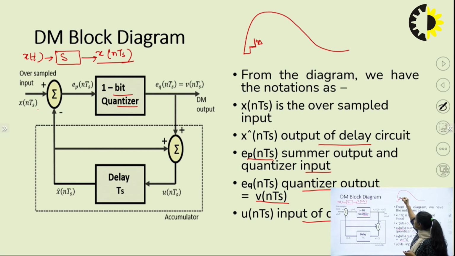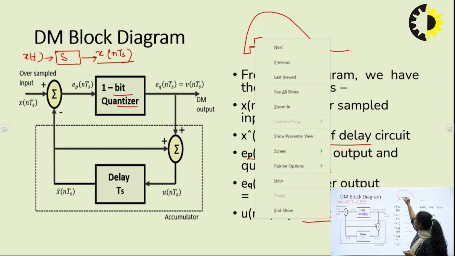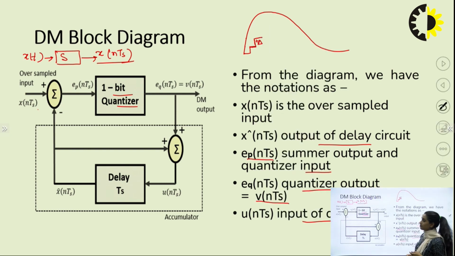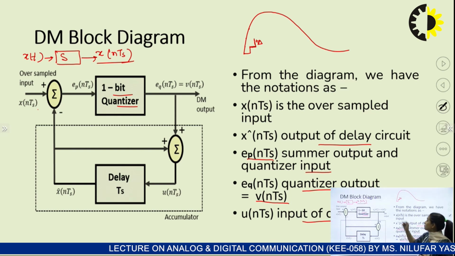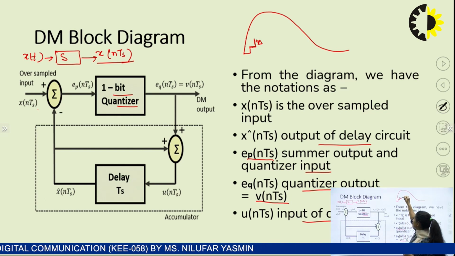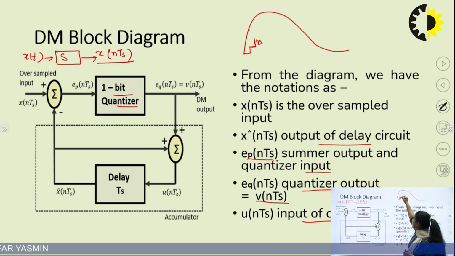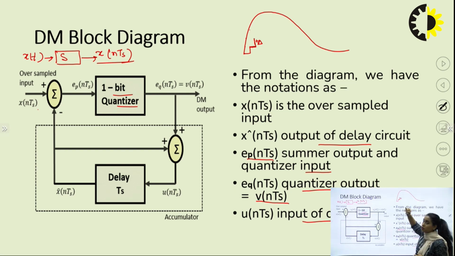It holds it for the sampling time. Then after Ts time duration, we again check the input value, and if this input analog signal value is higher than the current sample value, what do we do? We raise the step size again by plus delta, and we keep doing it.